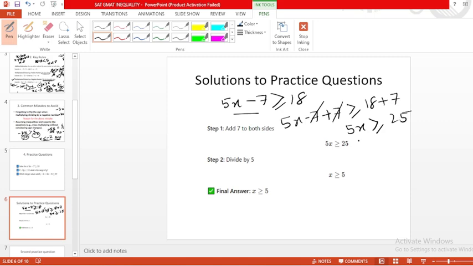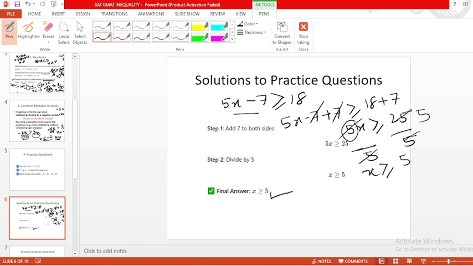Fine. Now for getting rid of this 5, we have to divide both sides by 5. Since we are dividing by 5, which is a positive number, there is no change or flip of the sign. So we get x should be greater than or equal to 5 here.